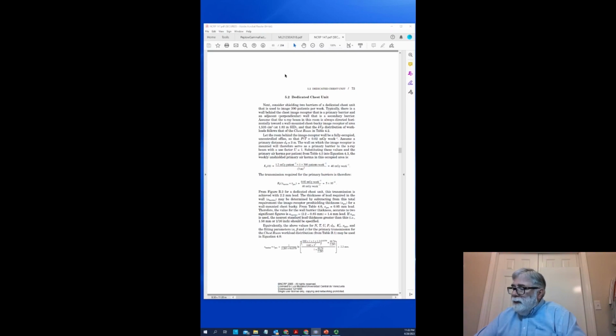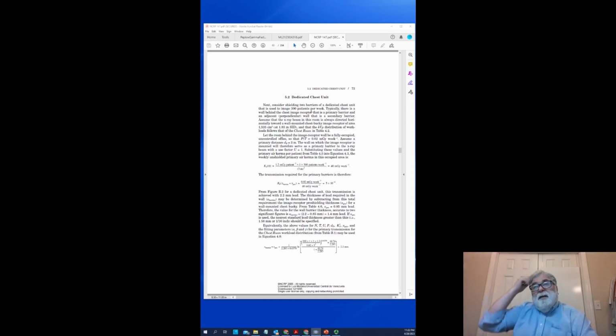So we're interested in scattered radiation, and so the distance to the point we're interested in from the scattering patient is 2.1 meters. They're specified in the problem. It also tells us that they do 100 patients per week. That's their workload. So N is equal to 300. We have the primary beam distance is 3 meters. Secondary beam distance is 2.1 meters.